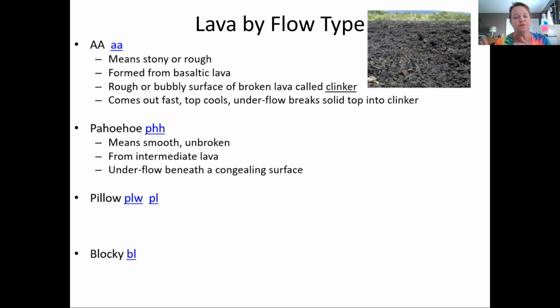So as the underflow continues to go, the top doesn't harden, it just congeals, kind of like, I don't really want to say Jello, but it's not stiff and easily broken. So as the underflow continues to flow, instead of breaking it into clinker, it kind of folds it into ropey stuff.